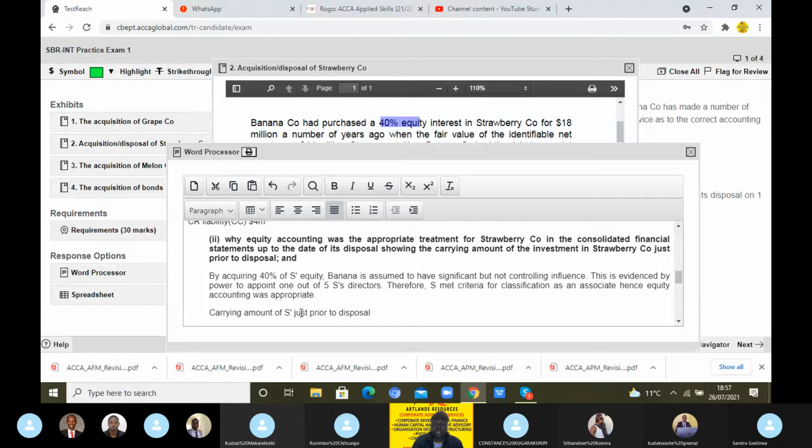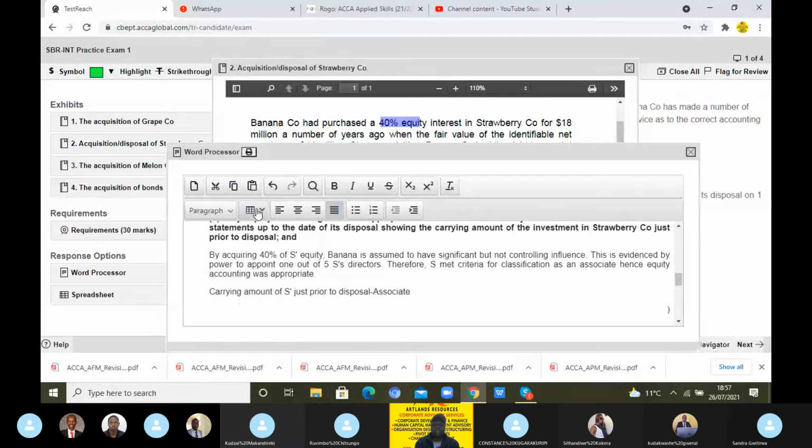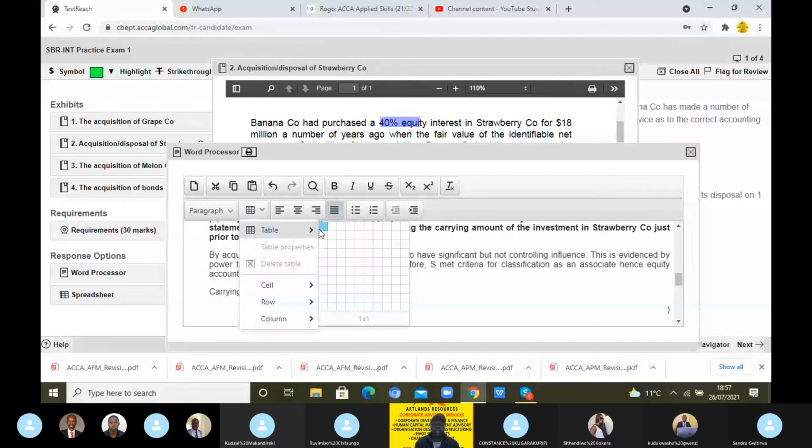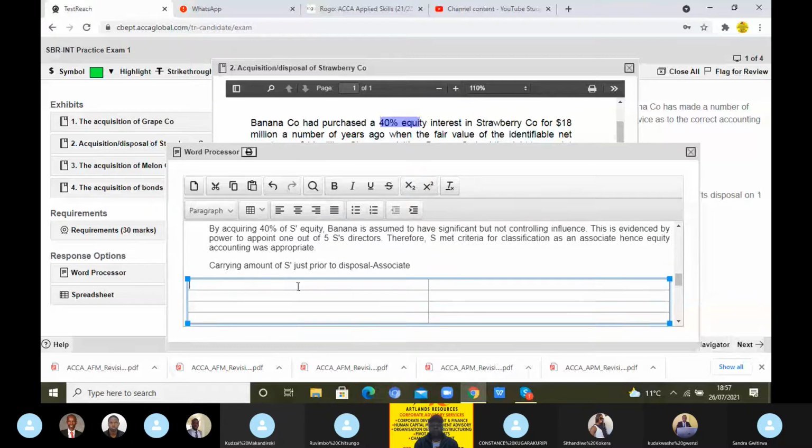Remember, we are simply saying carrying amount of the associate. The examiner says calculate carrying amount of Strawberry. So it's a matter of putting your table like this. And they say cost of the associate.